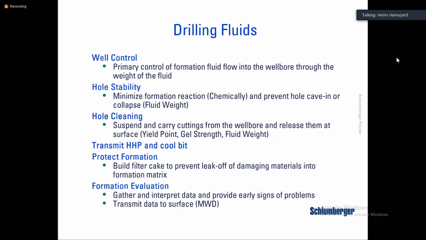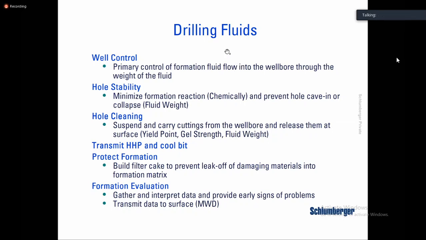The MWD, measurement while drilling, gives you which direction you are going and which inclination. So it gives you two things mainly: the azimuth, that means the direction, south, north, east, any direction, and also how many degrees you are penetrating to. So that's also transmitted by the mud, all those data to the MWD unit.